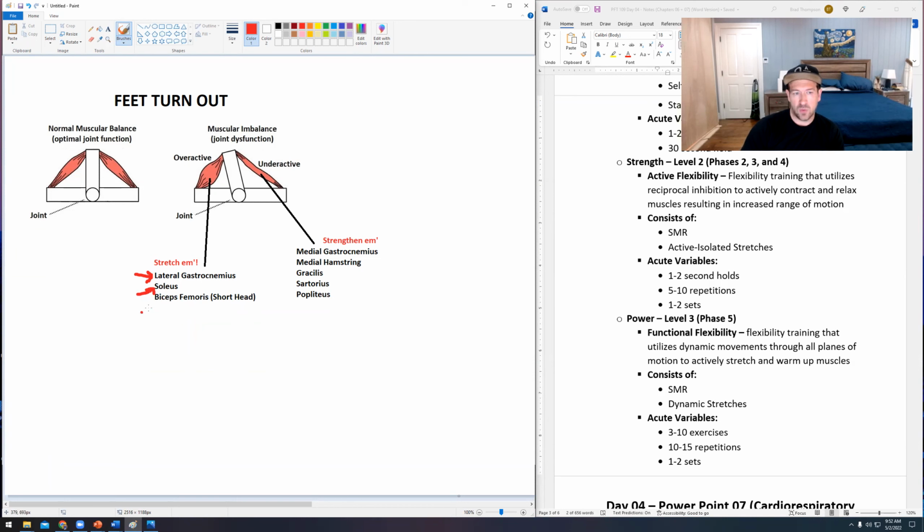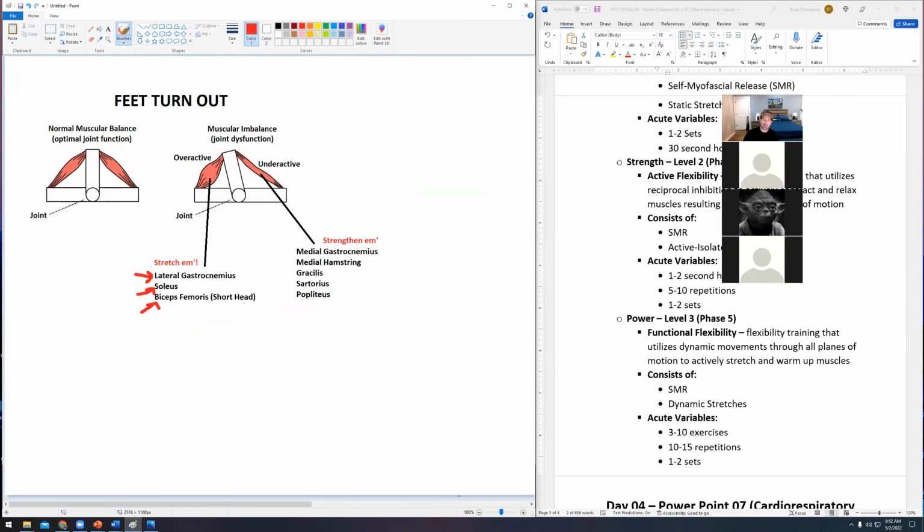And what if it's my biceps femoris? That's my quadriceps. So I contract the antagonist muscle to these 3 muscles in the hopes that it will get them to turn off. To stretch my lateral gastrocnemius, I just dorsiflex. I go 1, 2, and I relax. 1, 2, and I relax.